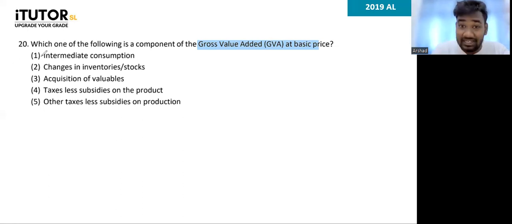Is intermediate consumption a component of gross value added? Yes or no? Intermediate consumption is there in the gross value added equation. It's there. Just because it's there in the equation, can we say it's a component? No, right? Intermediate consumption is deducted from gross value of output. You're removing it. So you can't say it's a component, it's minus.